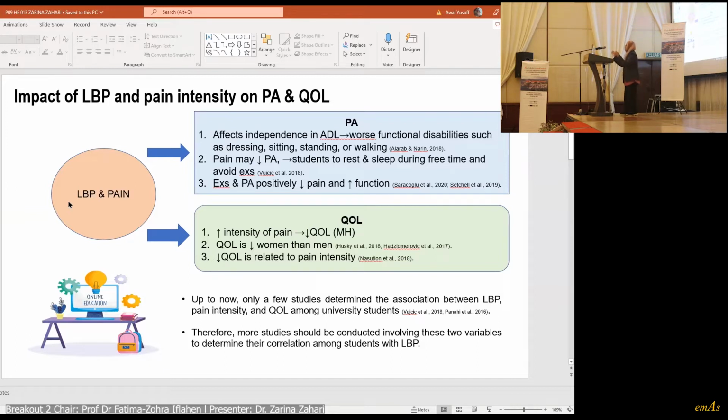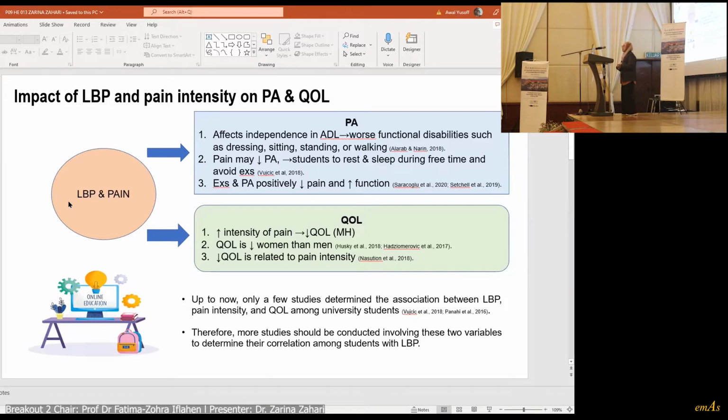These functions we call physical activity, which does not have structured intensity or timing.